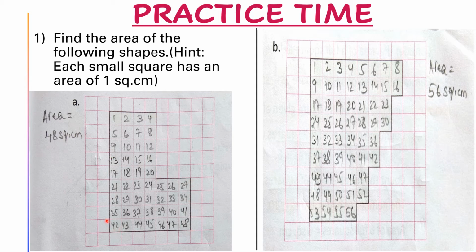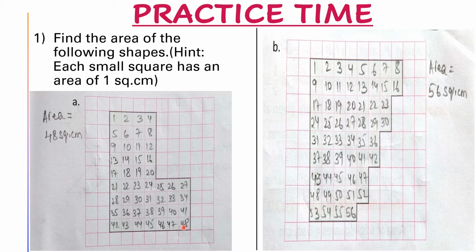To find the area of this shape, count the number of squares occupied by it: 1, 2, 3, 4, 5, 6, 7, 8, 9, 10, ... 45, 46, 47 and 48.